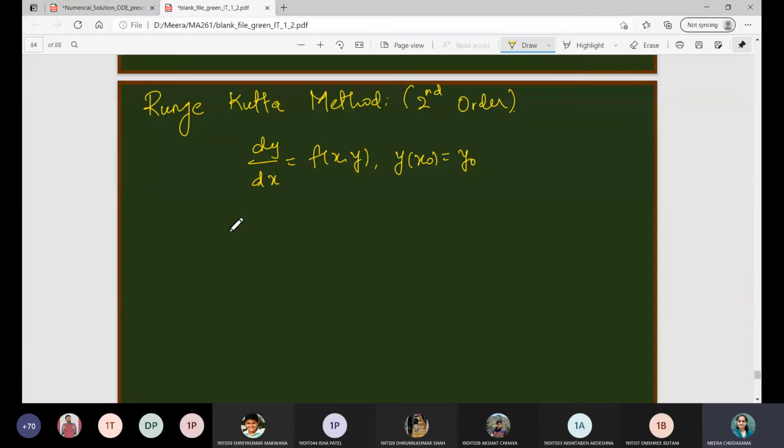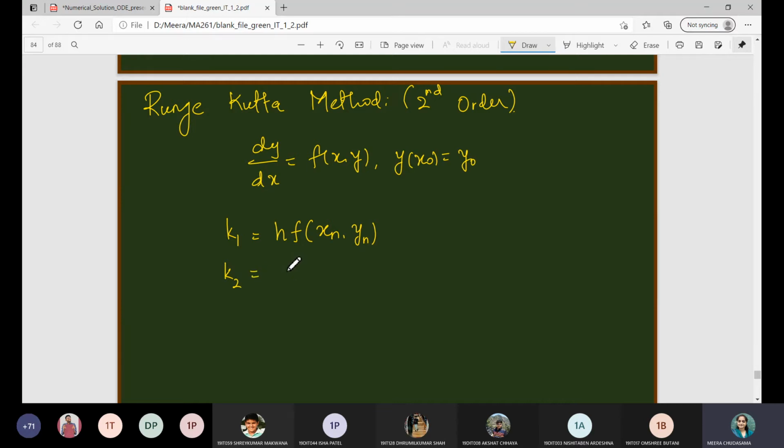So first I will compute this k1. What is k1? K1 is nothing but the increment we considered in Euler's method, right? It is h into f at xn and yn. Then you compute another quantity k2.